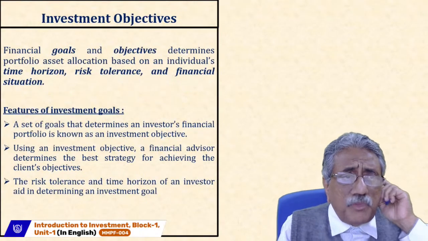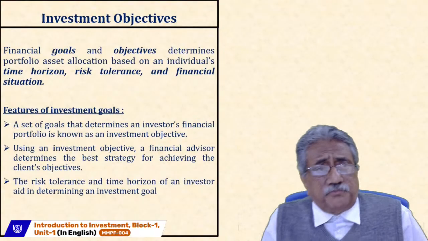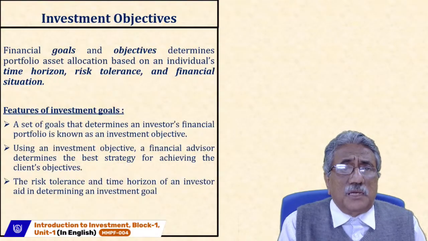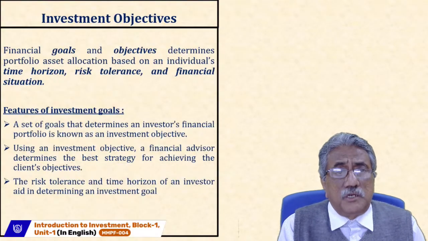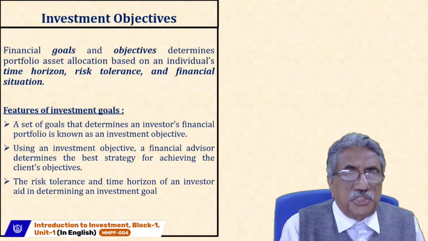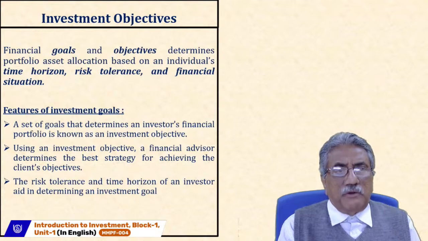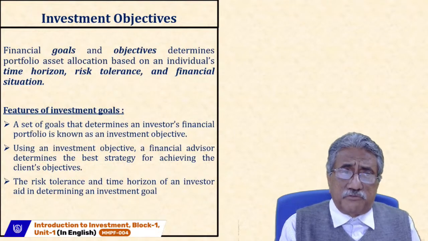Now, everyone should have an investment objective. Financial goals and objectives determine portfolio asset allocation based on an individual's time horizon, risk tolerance, and financial situation. Naturally, suppose I am trying to invest and save for my daughter's marriage. My risk tolerance will be something different.